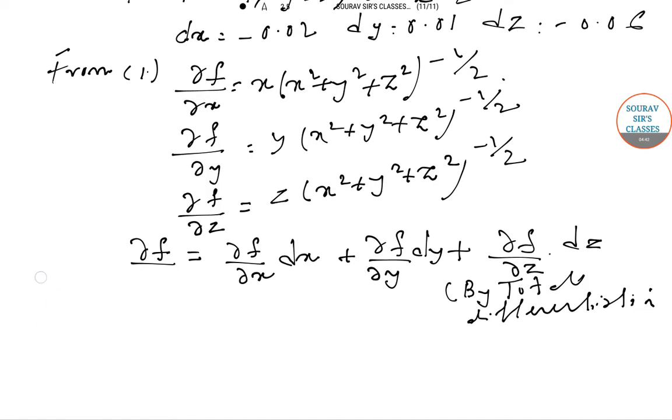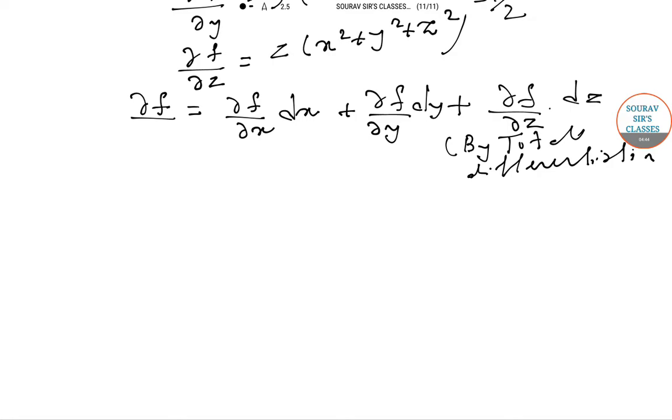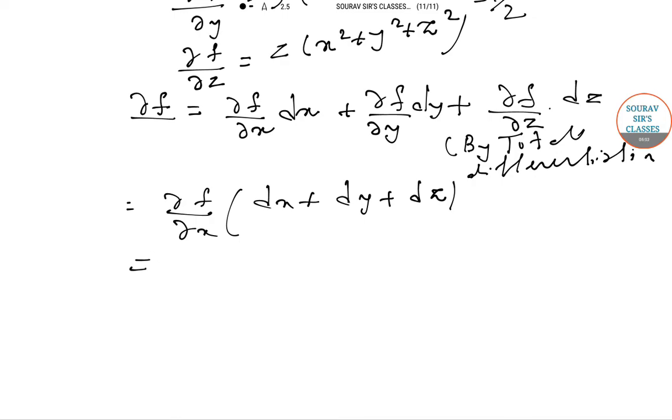Now going ahead, we have df is equal to (x square plus y square plus z square) to the power minus half into (x dx plus y dy plus z dz).